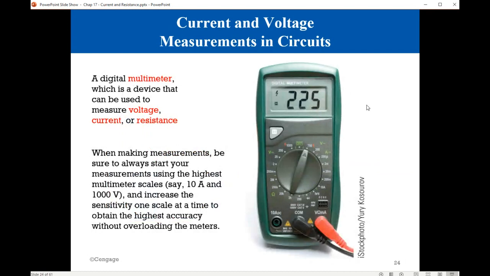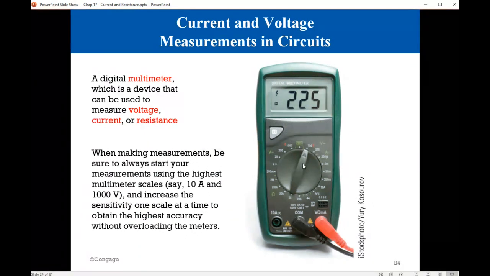In electric circuits, usually we use multimeters. A multimeter is a device that can be used to measure voltage difference, electric current, resistance, all kinds of physical quantities that we need in electric circuits.